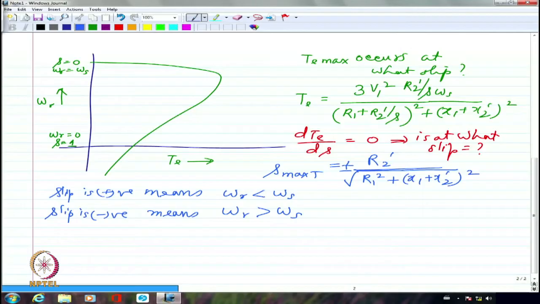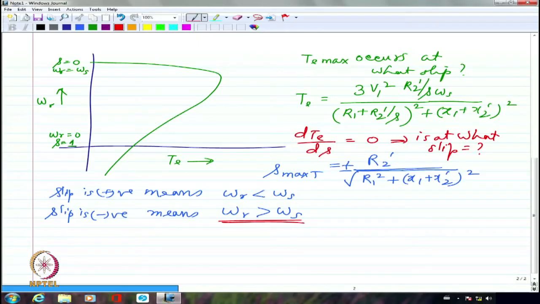Because omega s minus omega r, that's what we said as the slip speed. That divided by omega s gives me the overall slip. And we also said very clearly that this can never happen in an induction motor. We said that omega r can never even reach omega s, leave alone going beyond omega s.